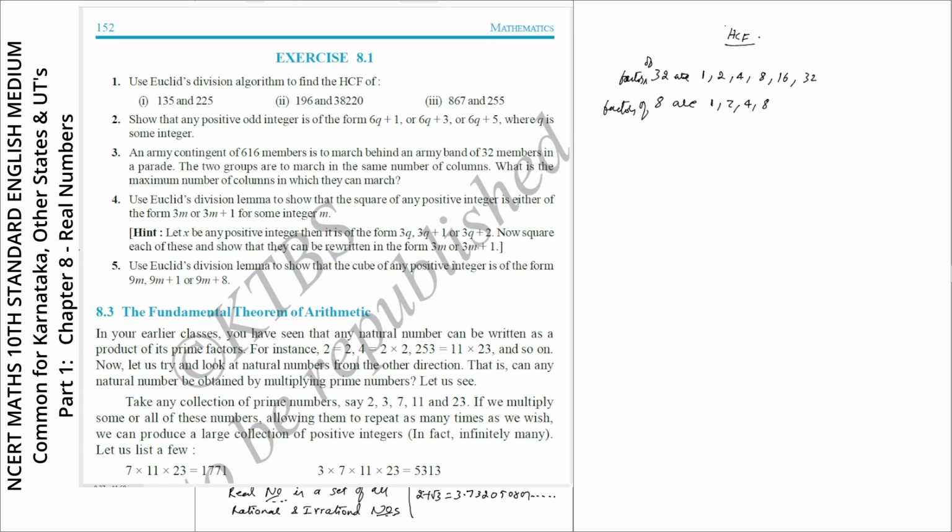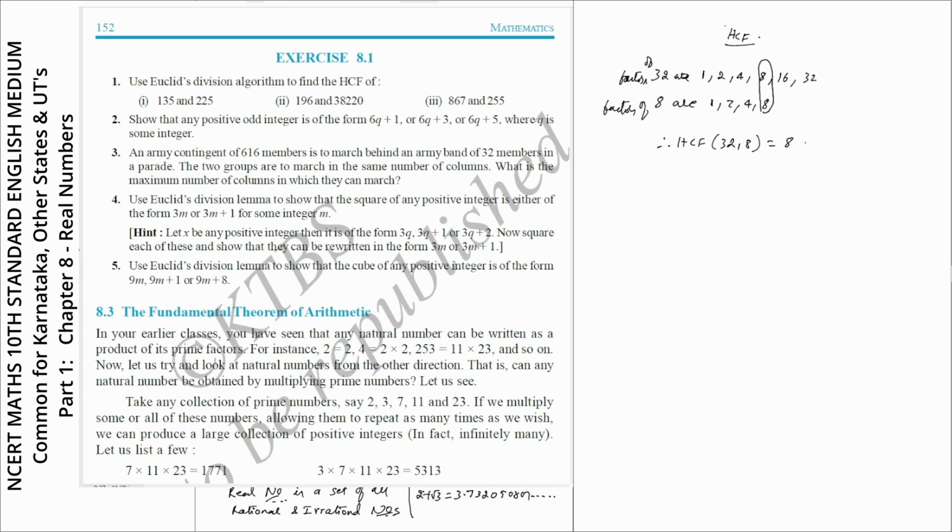See, 1 is common, then 2 is common, 4 is common, but the highest factor that is common is 8. Therefore, the HCF of 32 and 8 is 8. So this is the normal procedure which we use to find the HCF of two numbers.